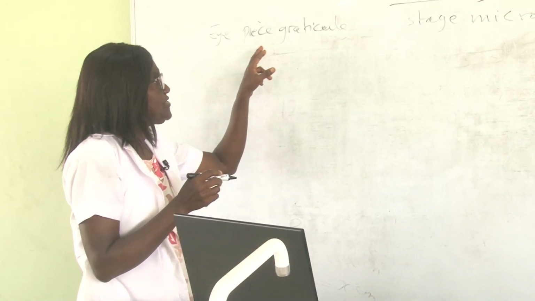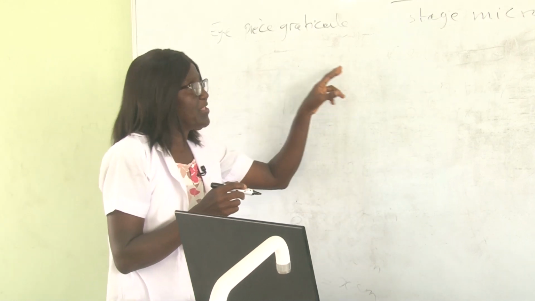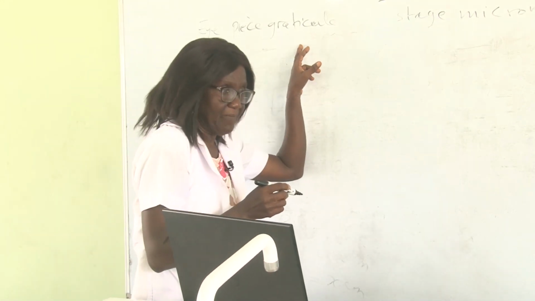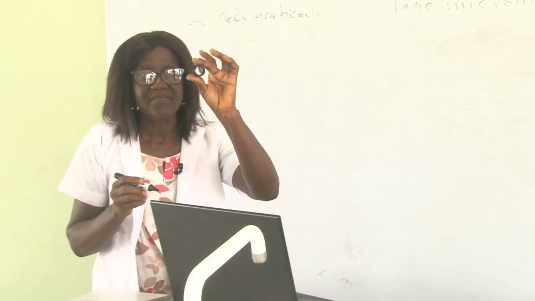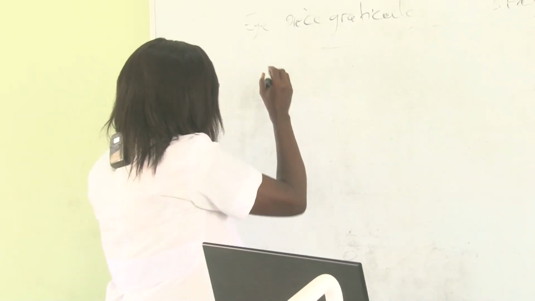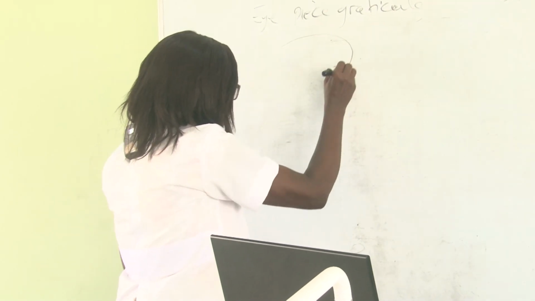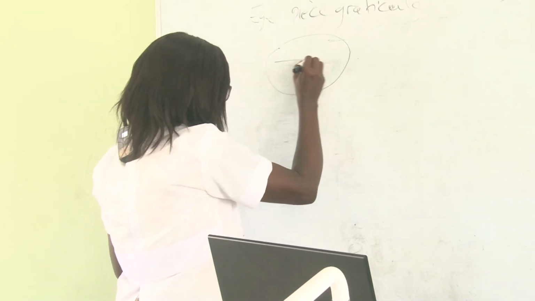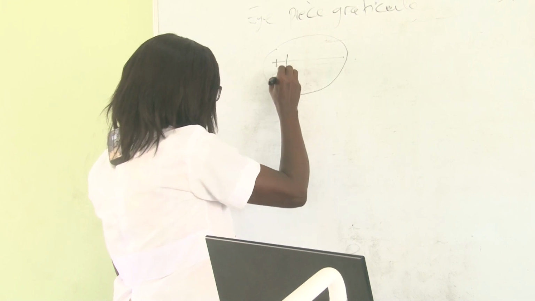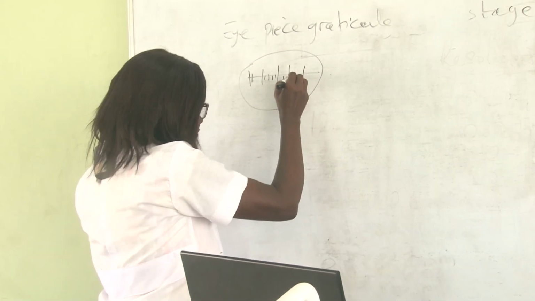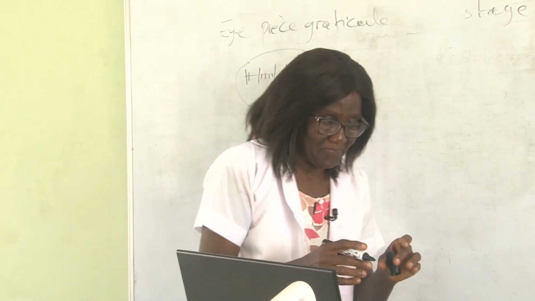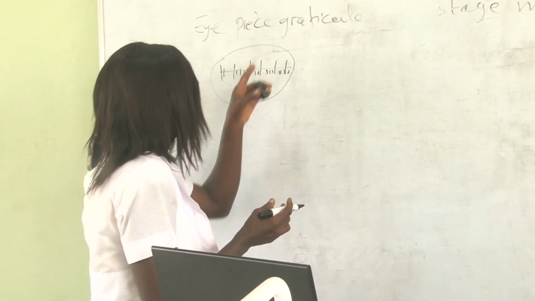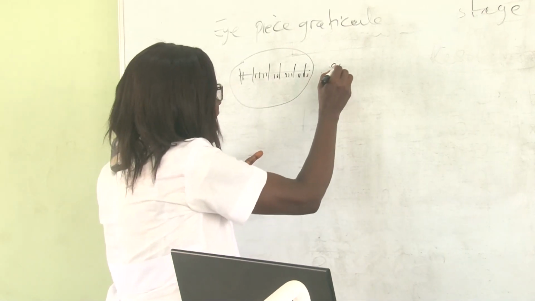The eyepiece graticule, or eyepiece micrometer, is in the eyepiece lens. It has markings on it; we are talking about meters, so things that measure.